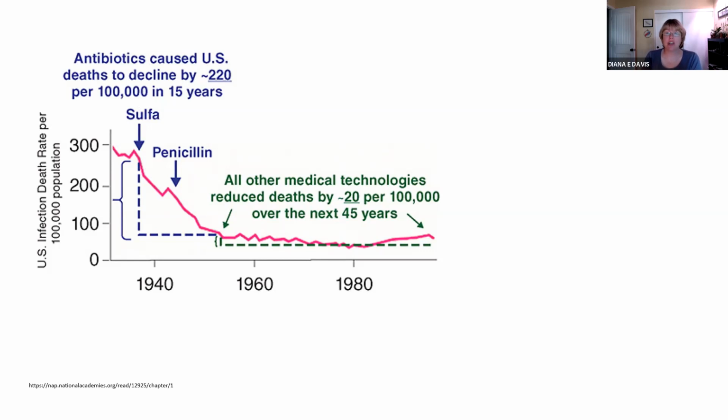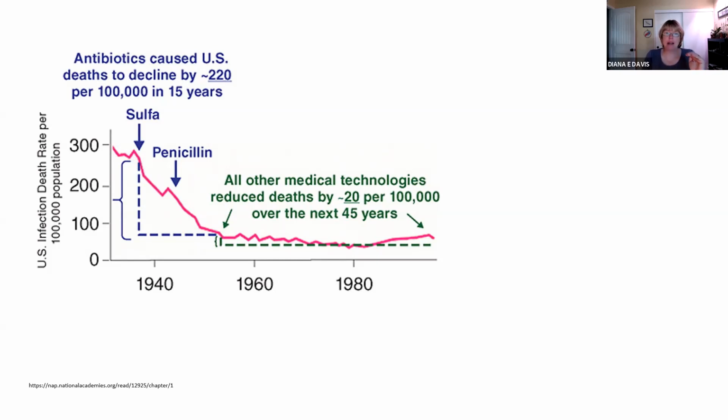This was seen as a miracle drug. Then we developed penicillin, and after penicillin, the death rate plummeted even further. When we look at this, a death rate that was in the high 200s plummets down here to about 50. Again, this is per 100,000 people in the American population. That's huge.